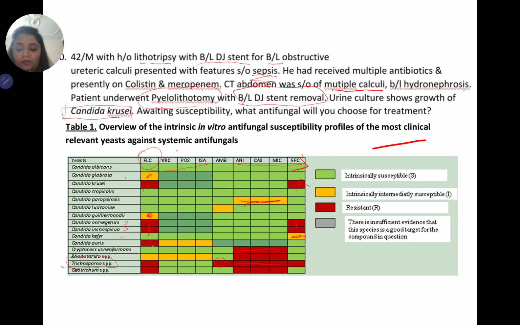So 6 important ones which you need to remember. For amphotericin B intrinsic resistance, obviously Trichosporon, and higher MIC is reported in lusitaniae. And 5-flucytosine intrinsic resistance is seen in krusei, norvegensis and inconspicua, including Trichosporon.